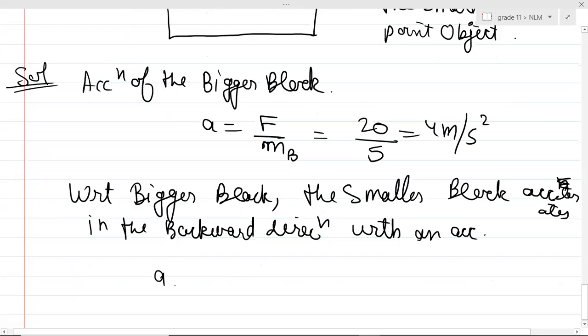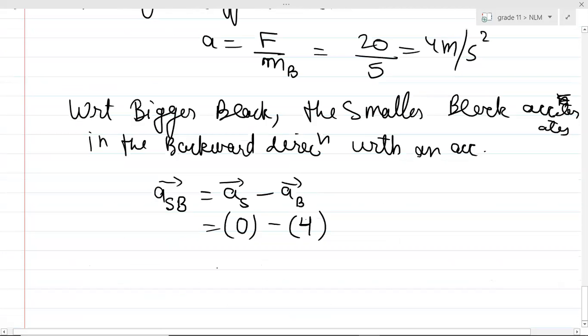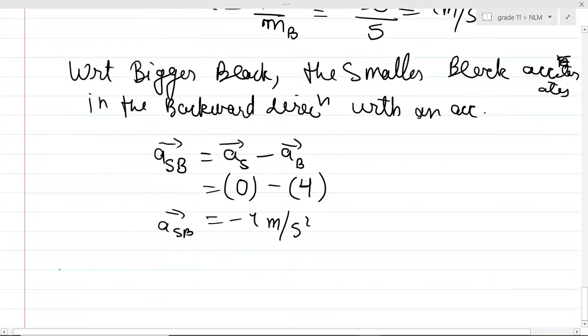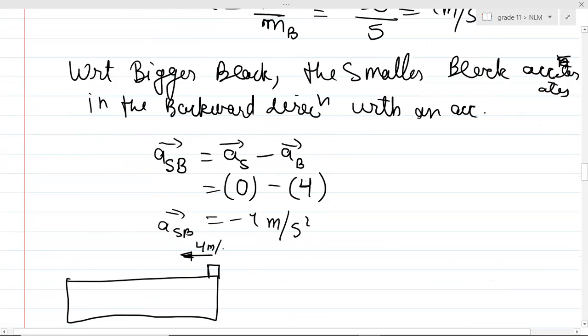The acceleration of the small block with respect to the big block will be 0 minus plus 4, which is equal to minus 4 meter per second square. So can you see, if you assume that the big block is at rest, then the small block is going in the backward direction with 4 meter per second square.